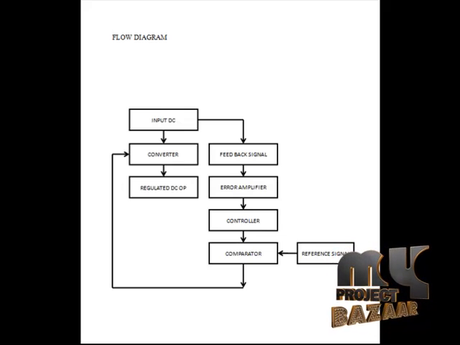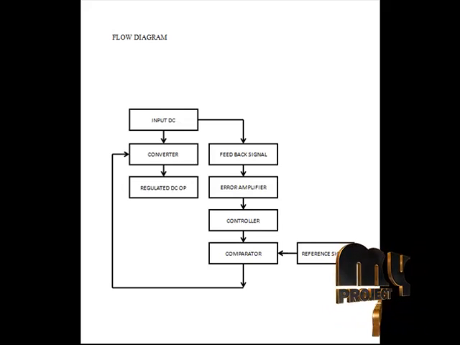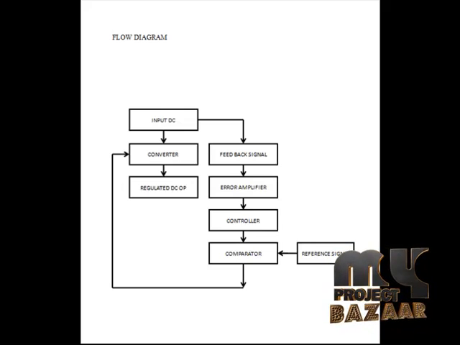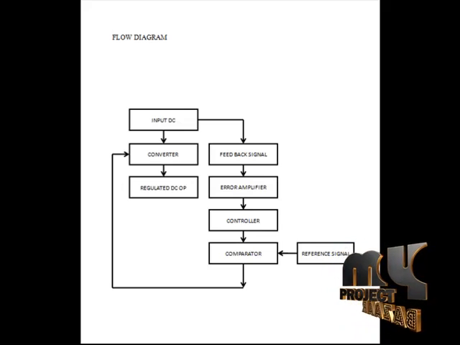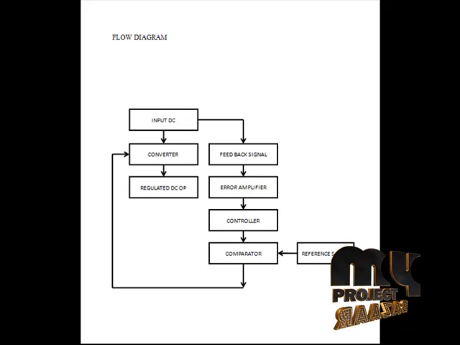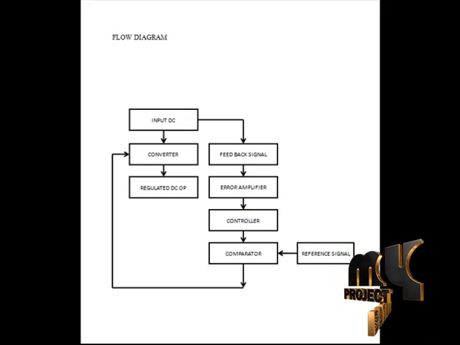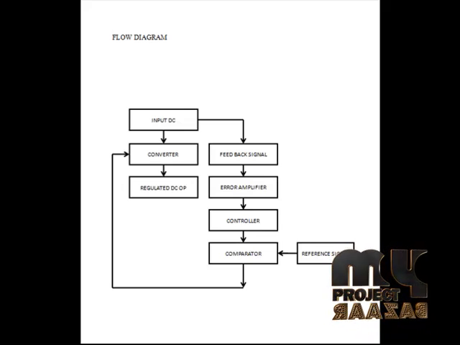To activate the switching devices, it gets the error signals which are generated from the input unregulated DC source and from the converter output at the load side, and this error signal is fed first to the error amplifier. At the output of the error amplifier, it gets the controller output.